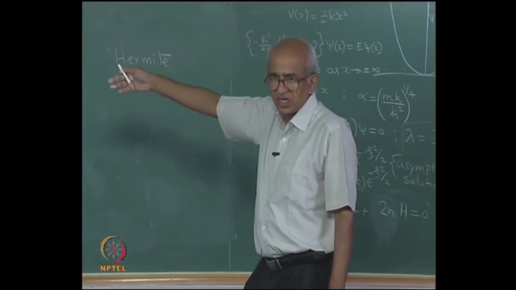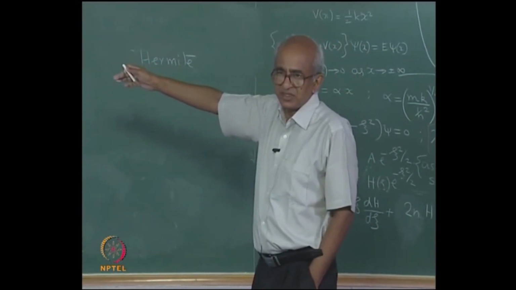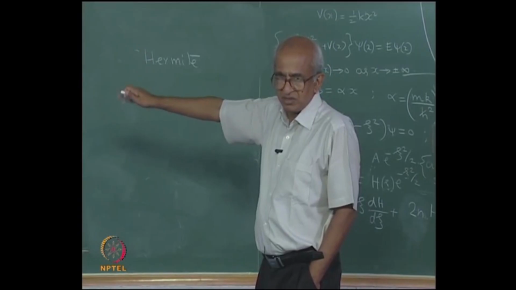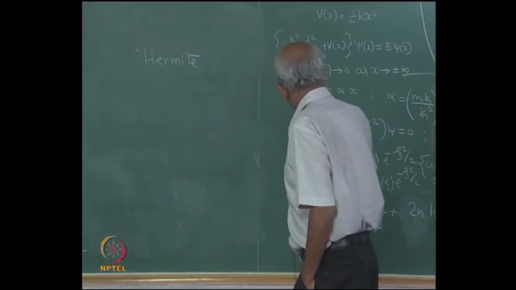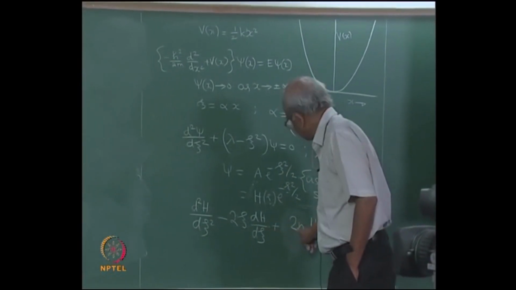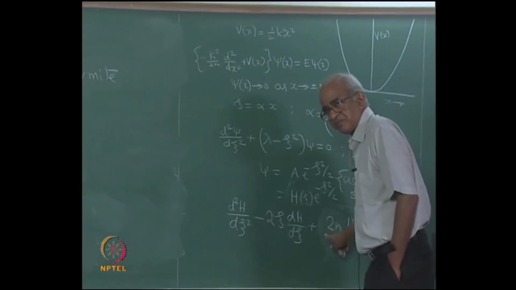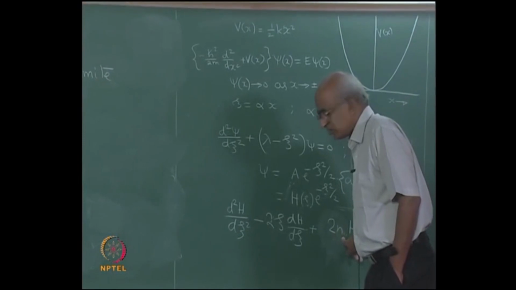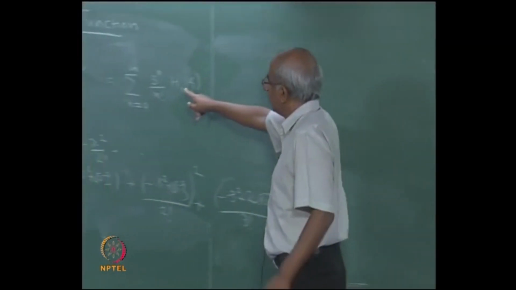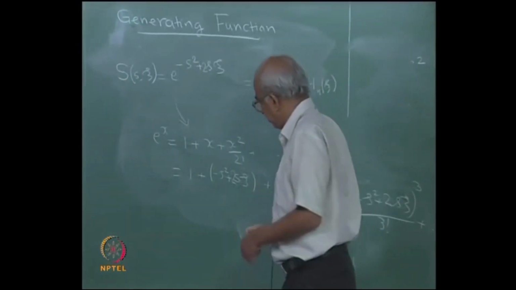That is the reason why we think of this generating function. These coefficients are just functions which obey this differential equation with a 2n here, okay. So, therefore, these functions are just the ones which occur there as the coefficients.